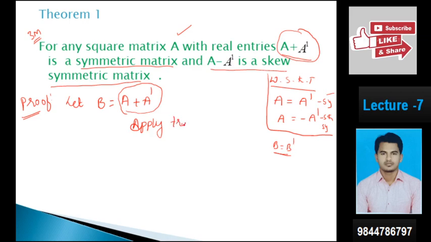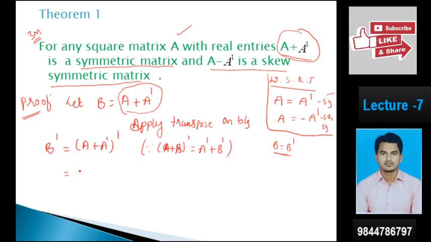Applying transpose on both sides, we get B transpose is equal to (A plus A transpose) whole transpose. We know the property of transpose, (A plus B) whole dash means A dash plus B dash.